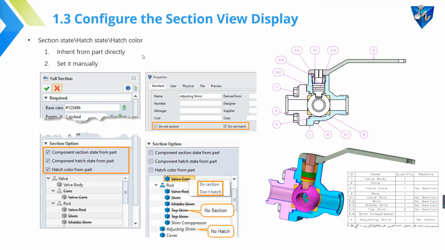There are two ways to make the configuration. One is to inherit from the part directly, so you can check the part attributes in the properties window, like the section state and hatch status. And another way is to set it manually.